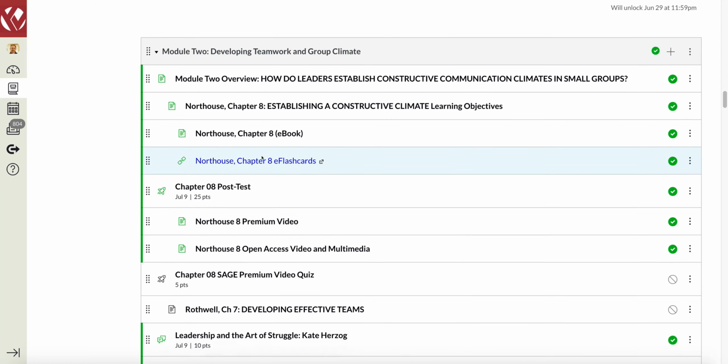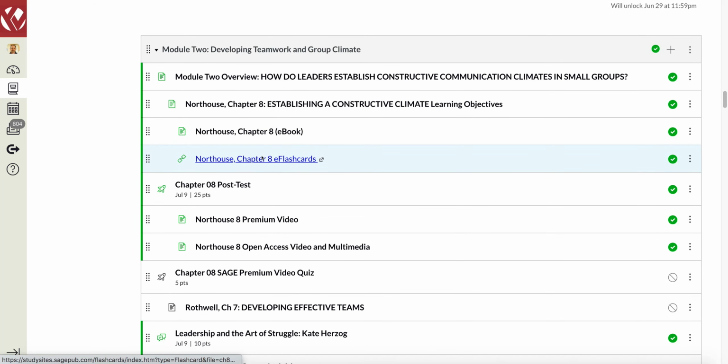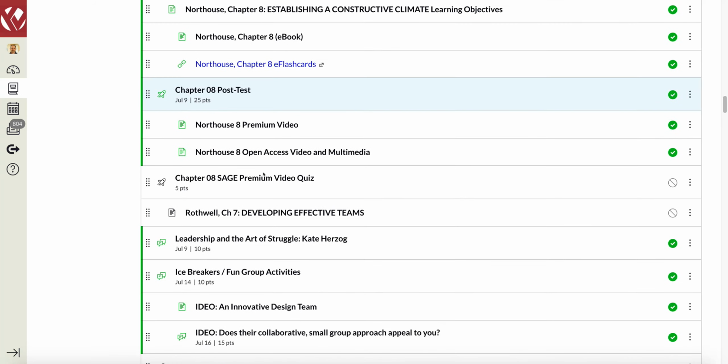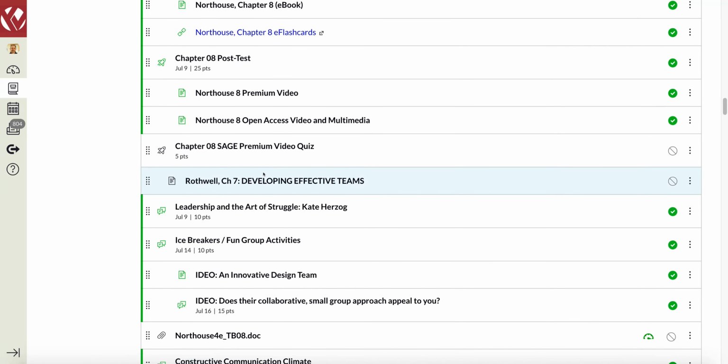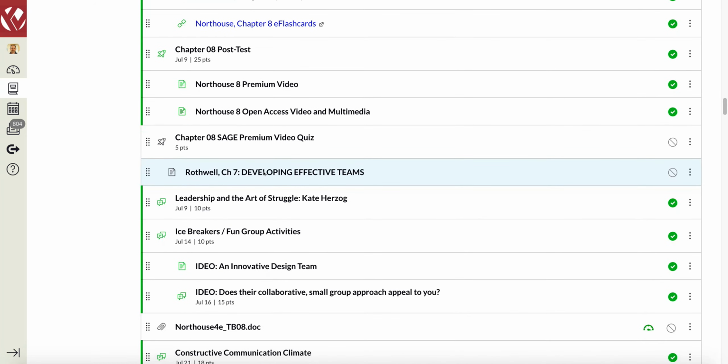Obviously, you have lots more modules to go through. I'm not going to review all of those because it's the same pattern, right? You're going to have your overview, you're going to have your focus question. In this case, how do leaders establish constructive communication climates in small groups? You're going to have what you need to read, and obviously your assignments there. And there will be different kinds of assignments.